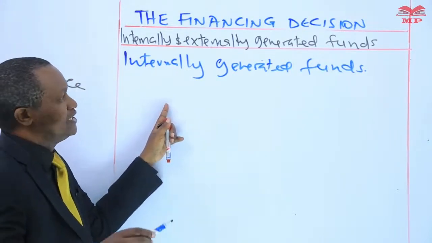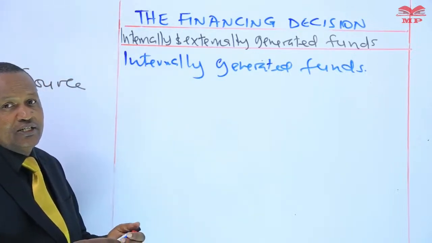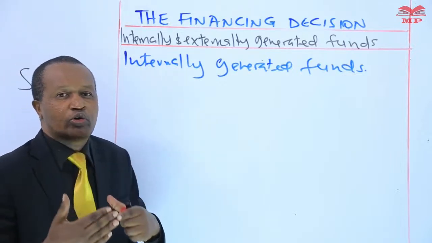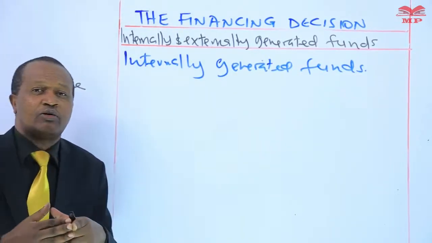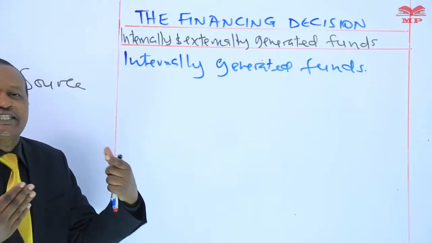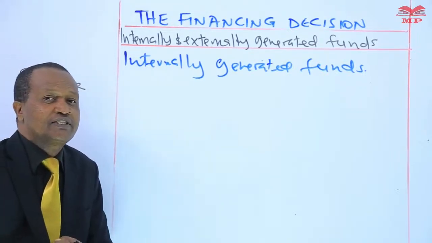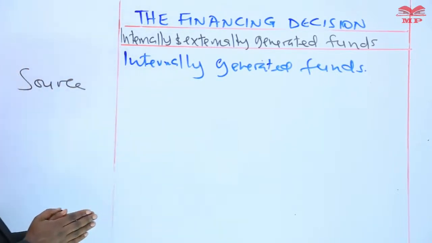Candidates, internally generated funds, as the name suggests, originate from within a company's own operations and activities, and are primarily composed of retained earnings, accumulated reserves, depreciation funds, and so on.